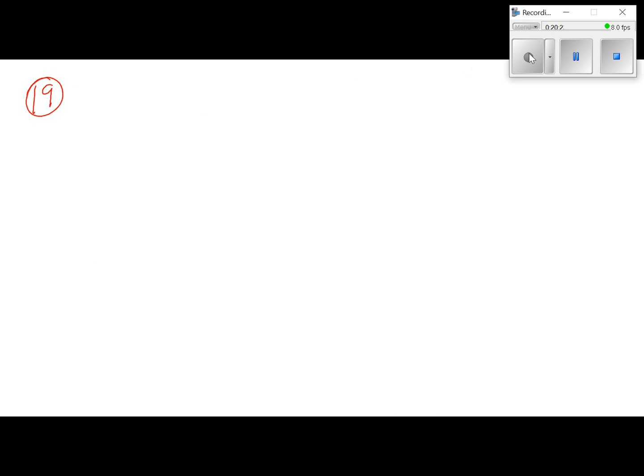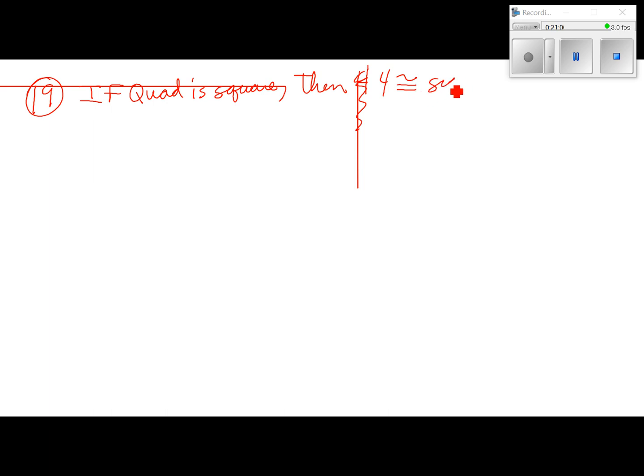Problem 19 says use law of detachment to determine what you can conclude from the given information. They say if quadrilateral is a square, so if quad is square, and again, I'm just shortening this up to try to make it easier, ignore that straight line going across through there, then it has four congruent sides.